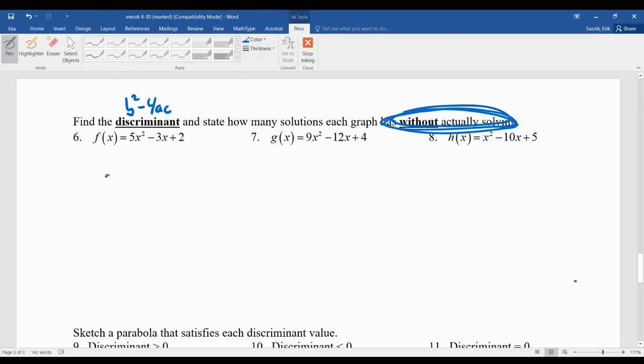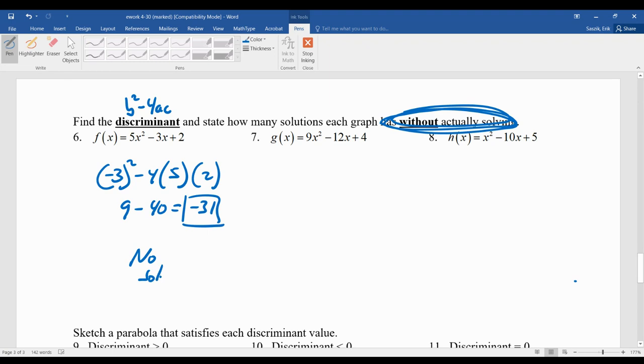So I'm just going to plug into this, negative 3 squared minus 4 times a times c. And this comes out to, let's see, 9 minus 40, which of course is negative 31. Now that is the discriminant. Find the discriminant, did that, and state how many solutions each graph has without solving. Well, if it's negative, we actually will have no solution.